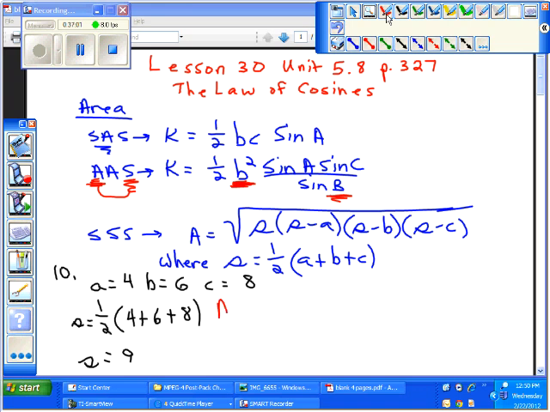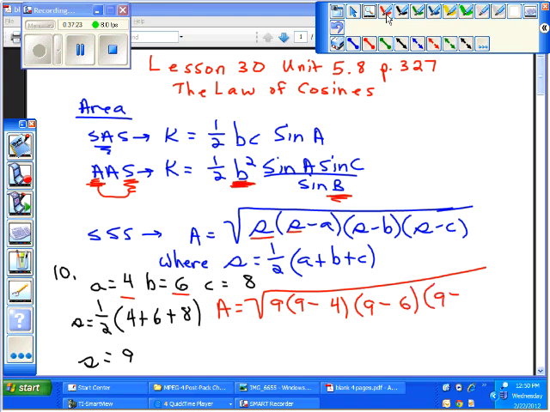So once you get that, then you throw that into your area formula. Area is equal to square root of semi-perimeter 9 times semi-perimeter 9 minus the first side 4 times semi-perimeter 9 minus the second side 6 times semi-perimeter 9 minus the third side 8.